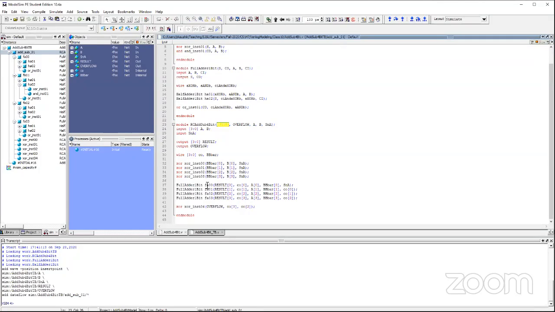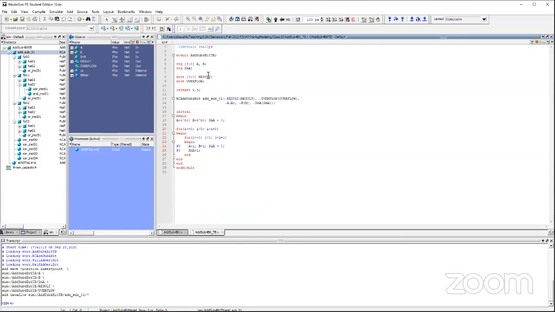We have four full adders connected in a daisy chain fashion with an XOR on the B side to flip between subtraction and addition, that inversion computation based on the mode. Then I fed the first stage carry-in with this mode, just as described in that slide. And I also added one XOR for overflow detection.